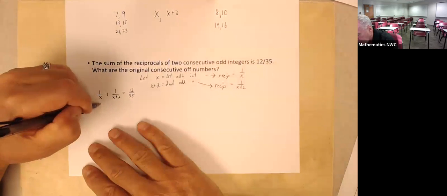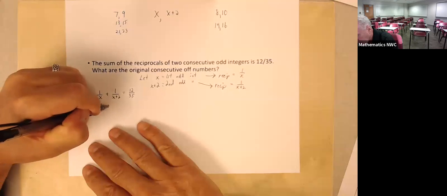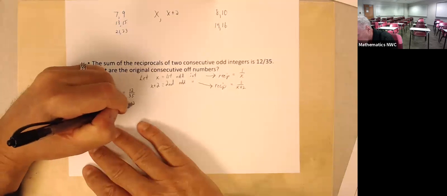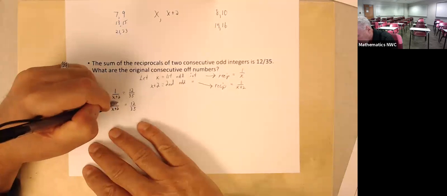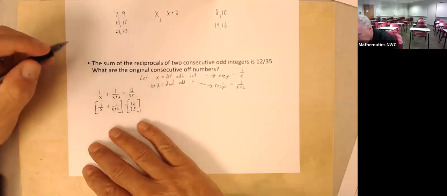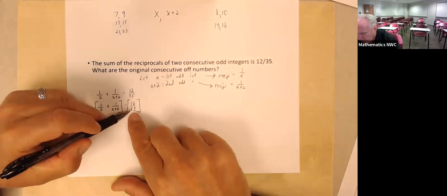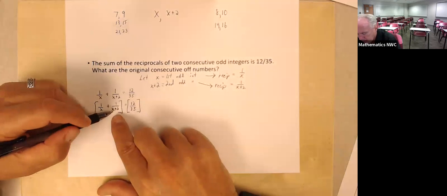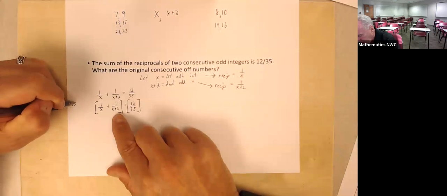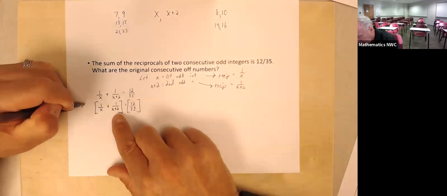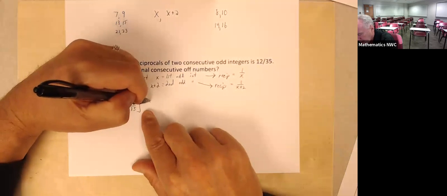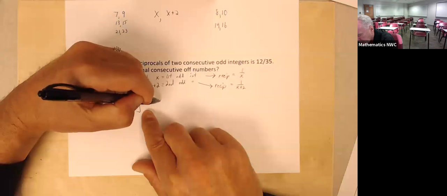The way to get rid of all those fractions is to multiply by the common denominator. Multiply both sides. Well, the common denominator is 35 and an x plus 2. They're all separate. So you really got 35 times x plus 2, both sides.